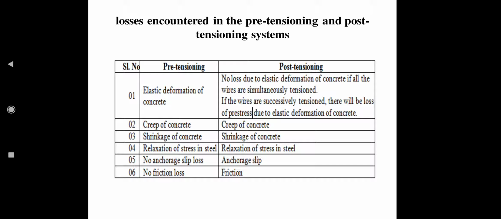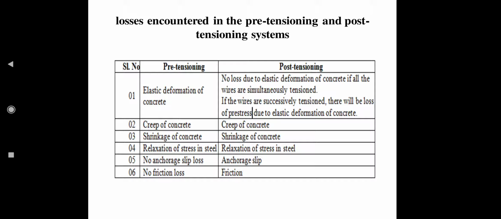There is a loss of prestress due to shortening in the length of the concrete, which is also called elastic deformation or shortening of concrete. Second one is creep of concrete. So there is a loss in prestress due to creep of concrete. There is a loss in prestressing force due to shrinkage of concrete, as well as a loss in prestressing force due to relaxation of stress in steel.